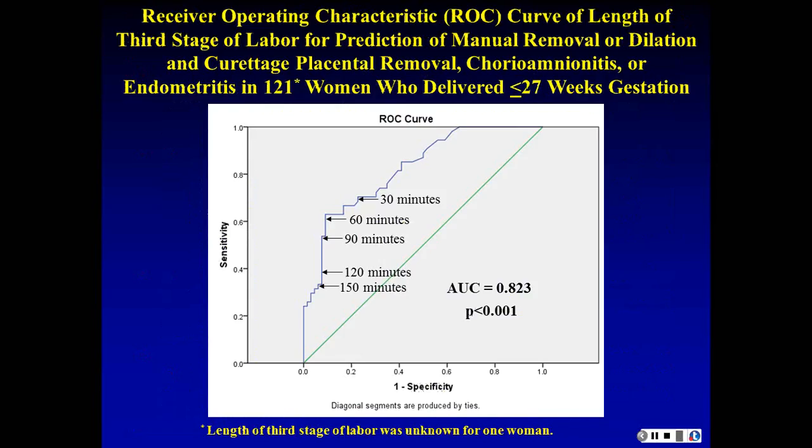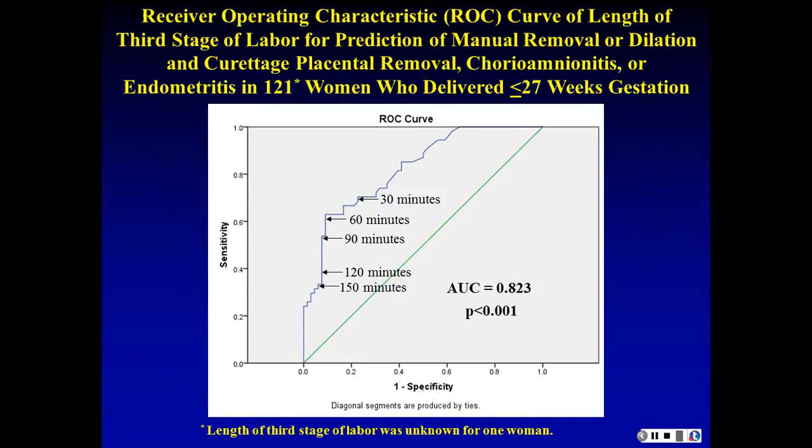All right, here's an example of an ROC curve. This was work that I did for Dr. Blaskowitz, Dr. Schwartz, and Dr. Scolari in a retained placenta study where we wanted to know the relationship between length of the third stage of labor. These are actually infants very, very premature, born less than or equal to 27 weeks gestation.